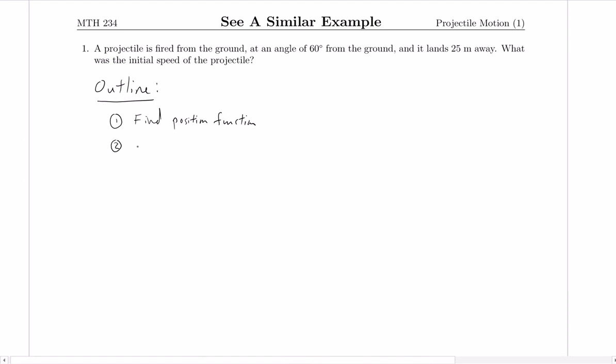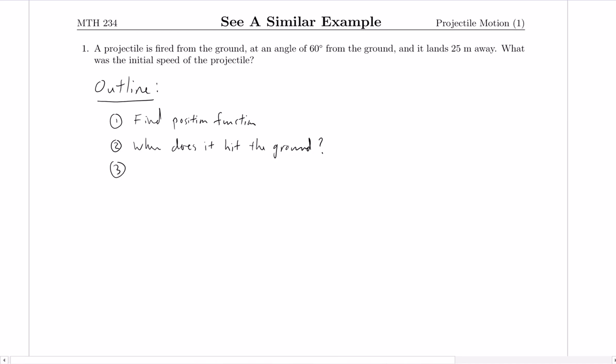Two, we'll find when it hits the ground. In other words, what value of t does the projectile land?